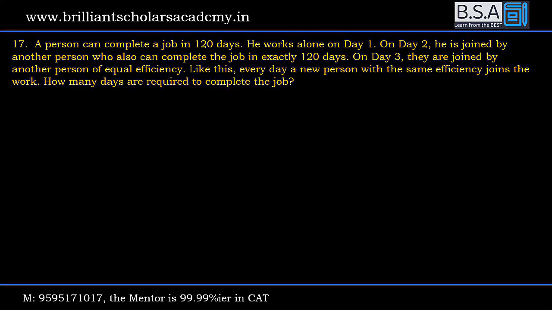A person can complete a job in 120 days. He works alone on day 1. On day 2, he is joined by another person who can also complete the job in exactly 120 days. On day 3, they are joined by another person of equal efficiency. Like this, every day a new person of the same efficiency joins the work.